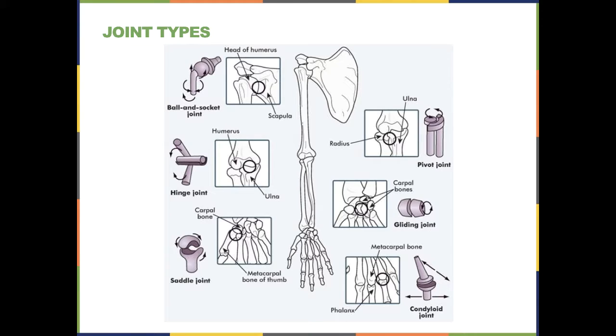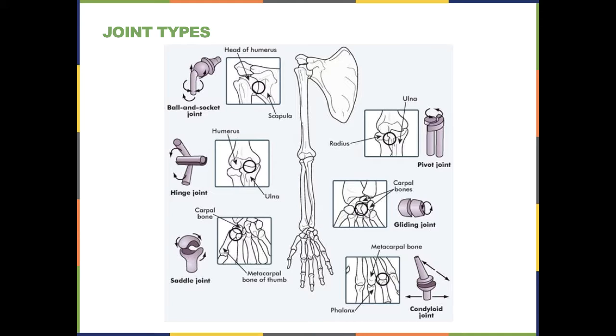Now we're going to take a few minutes to look at this slide, because this slide shows all the different kinds of joints that can occur and the examples of each. And this is all in the arm. You can also find these in the leg. So if you start at the top left, you have the head of the humerus where it joins the scapula. You have what's known as a ball and socket joint.